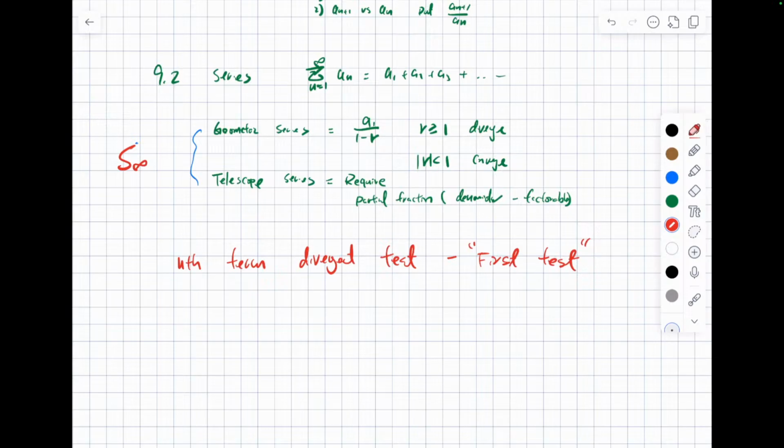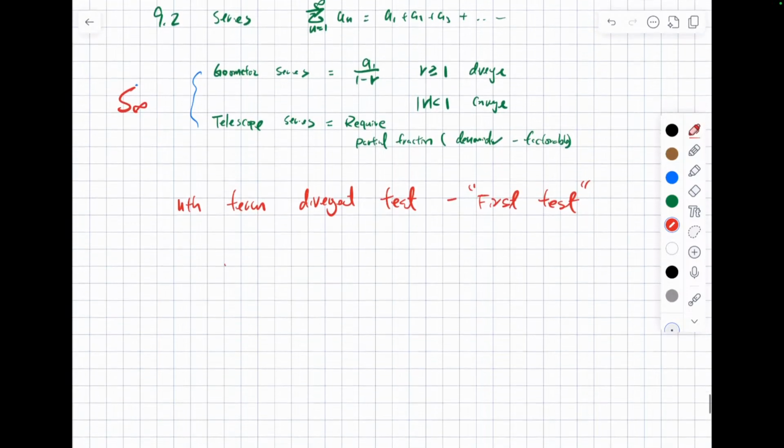So if a proof is something diverge, then it's done. No more work. But we talk about the n-term divergent test: when the limit as n approaches infinity of a_n is not equal to 0, if it's not equal to 0, the series diverge.